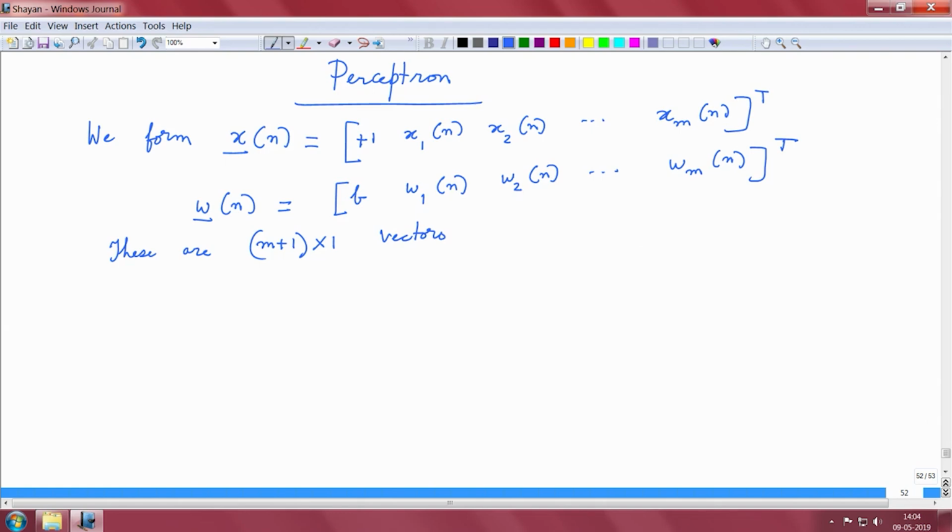Now, we have defined these two vectors. So, we define v of n to be the inner product between x and w. So, I would call this w transpose n times x n.